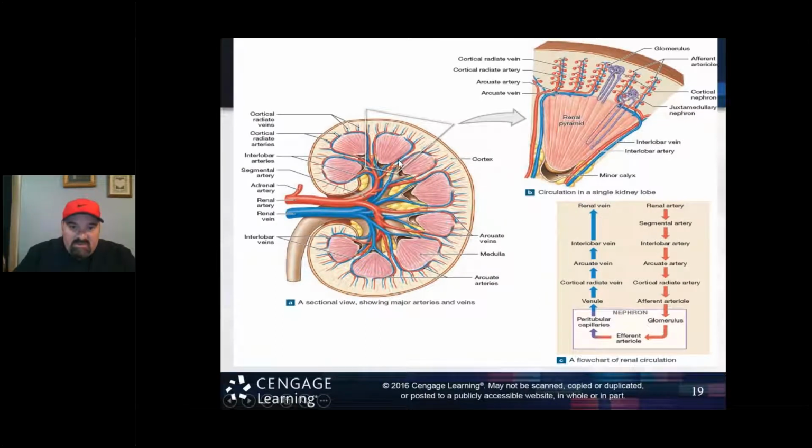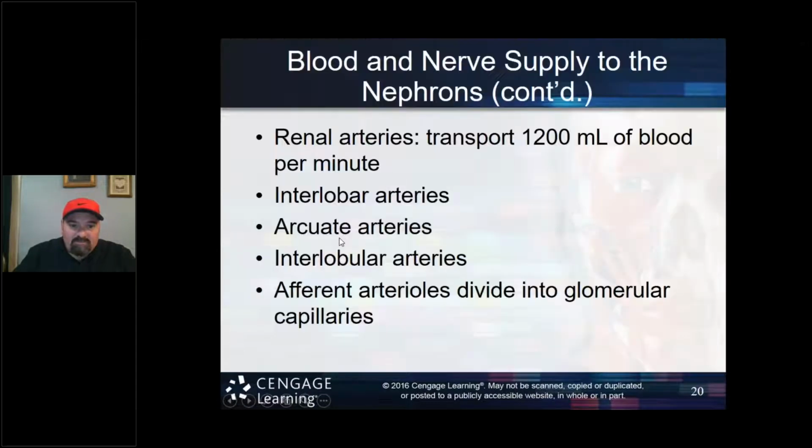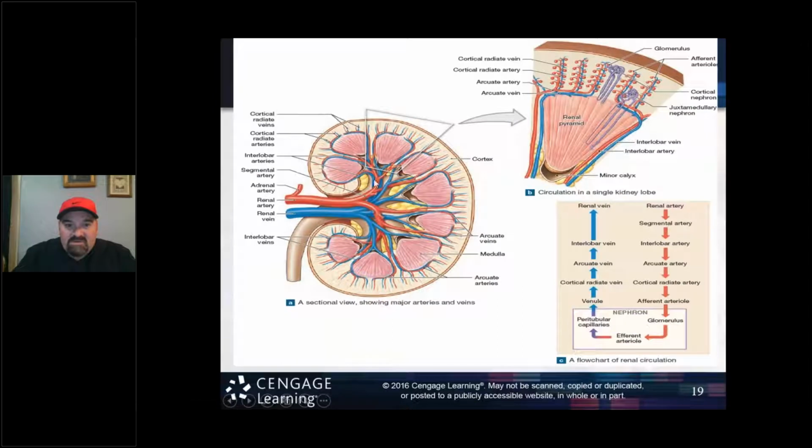So these would be called interlobar arteries and veins, right? And why would they be called lobar? Well, you see here the circulation in a single kidney lobe, because the kidney lobe consists of the columns as well as a pyramid. So half of a column on each side, as well as the pyramid, equal a lobe.